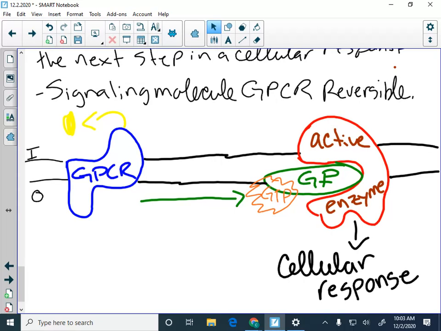Once the active G protein left, so did the signaling molecule. So now we have our inactive receptor ready to start over. Our activated G protein bound to that enzyme. That enzyme changed shape because that's what happens when something binds to an active site. That change in shape triggers a cellular response. Cool? Awesome. All right. Last step.